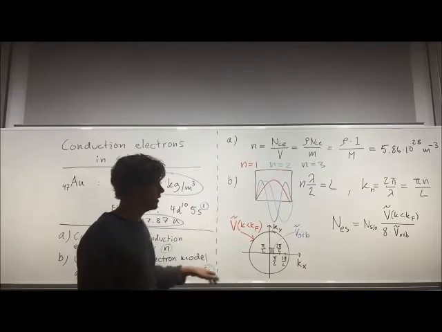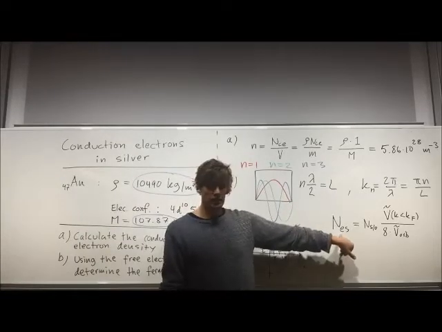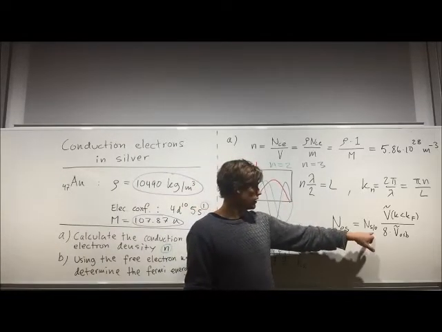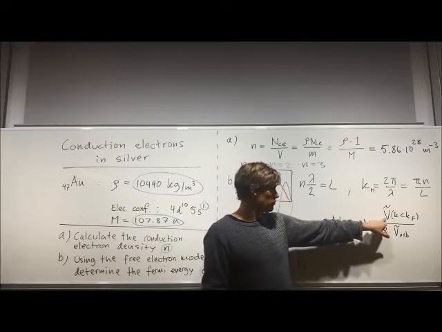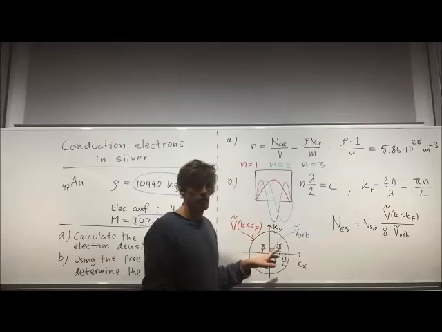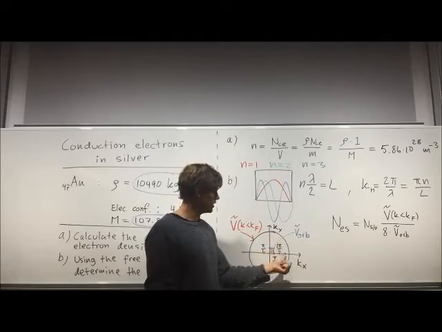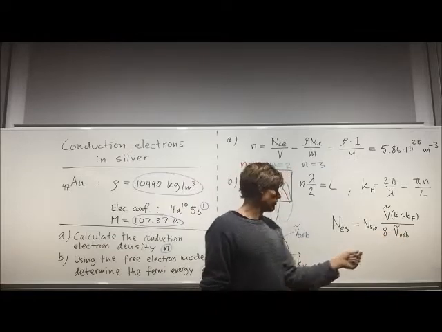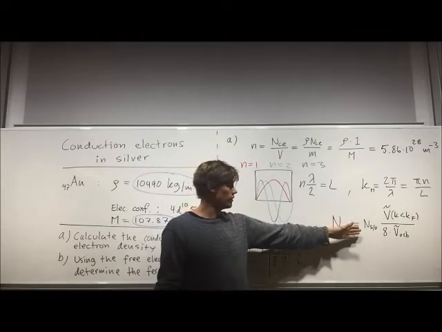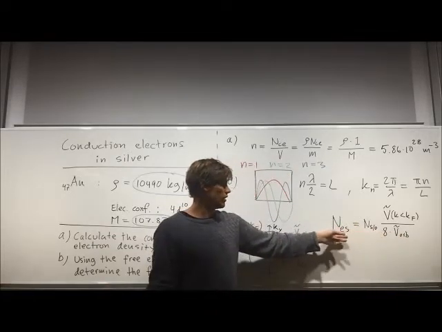So basically we have the number of electronic states is the number of spins per orbital times the total volume of this complete sphere. And since the sphere contains 8 of these quadrants, we take 8 times the volume of this orbital, and then basically from this we would get this relation.